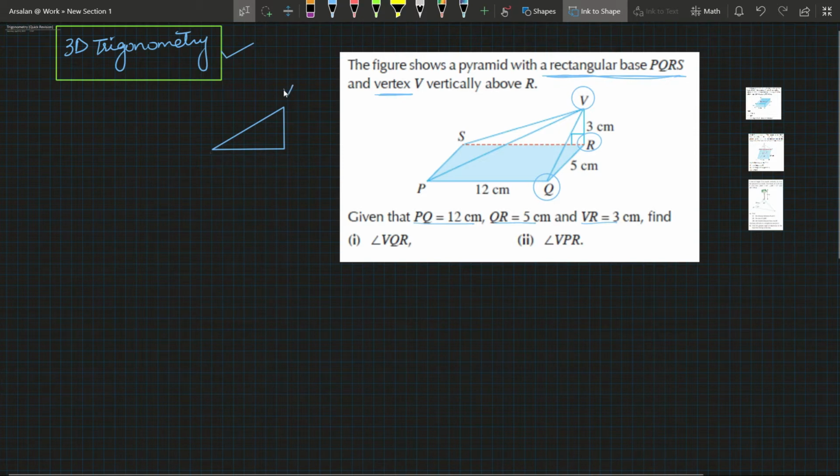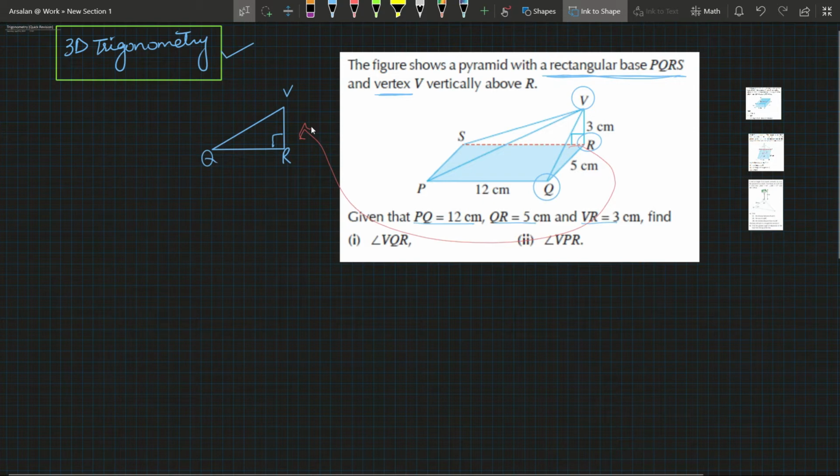V is vertically above R, right? At R we have a 90-degree angle because this is the vertical and horizontal intersection, and this is point Q. You see that I have taken out this VQR triangle here, right? This triangle is taken out.